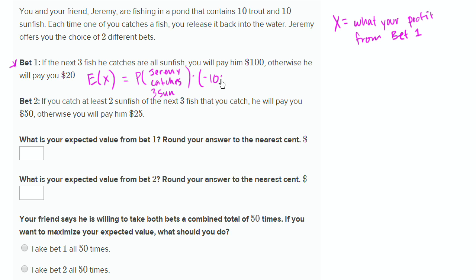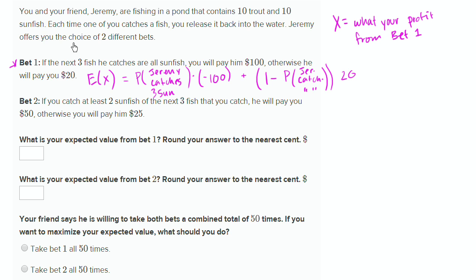Since you're paying it, we'll put it as negative 100 because we're saying that this is your expected profit. So you're going to lose money there. And otherwise, that's 1 minus the probability that Jeremy catches 3 sunfish. In that situation, he'll pay you $20. So the important thing is to figure out the probability that Jeremy catches 3 sunfish.